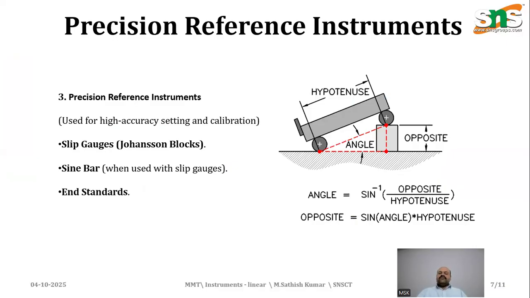Whenever you want to compare any standards, you have to go with precision instruments. In metrology, we have master gauges, which we call slip gauges or Johansson's blocks. Sine bar is used with slip gauges for precision measurements, and end standards are used for the same.